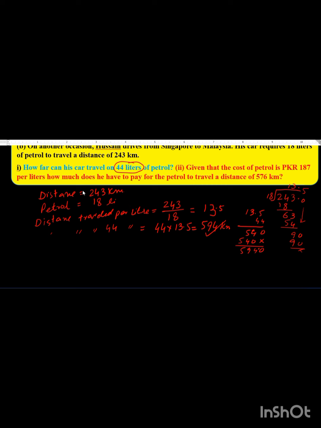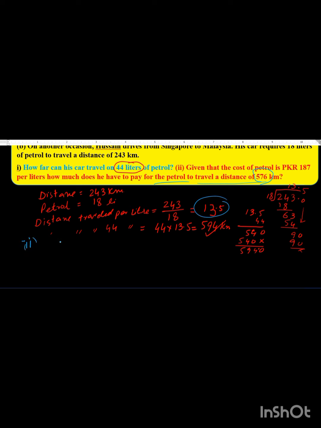Given that the cost of petrol is PKR 187 per liter, how much does he have to pay for the petrol to travel the distance of 576 kilometers? We already know that distance traveled per liter is 13.5. So first of all we have to find how many liters we require to travel the distance of 576, right? So that is your part number 2.